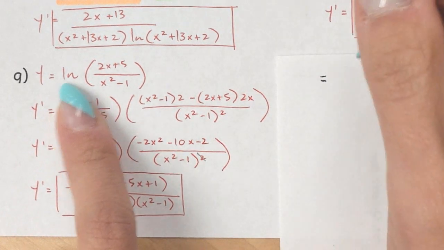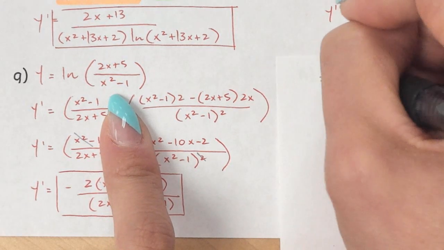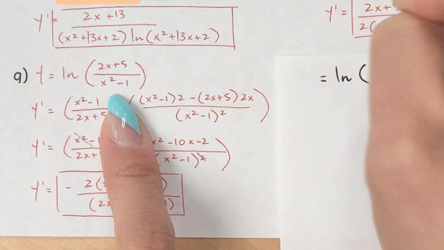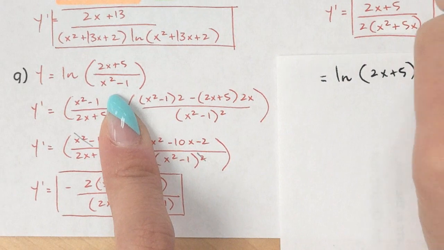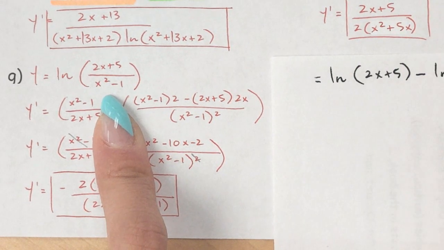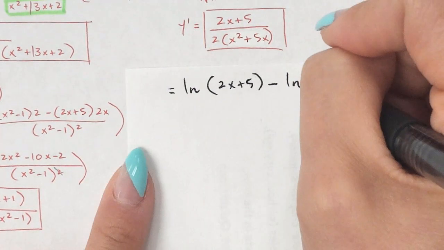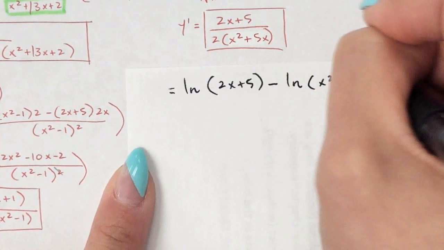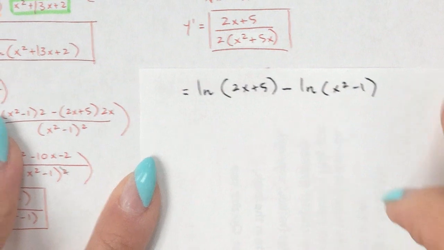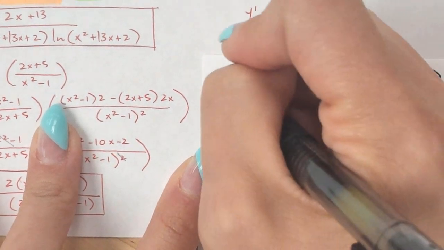So when you have ln of a fraction, you can write ln of 2x plus 5 minus ln, oops, can you keep seeing? I'm going to go like this, ln of x squared minus 1. So that is another way to literally start the problem.